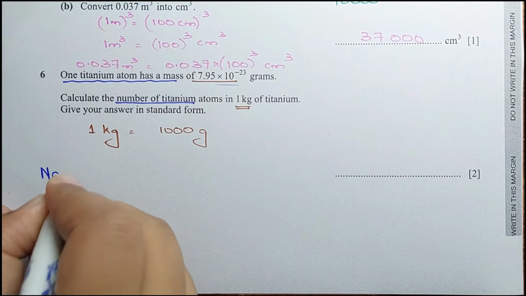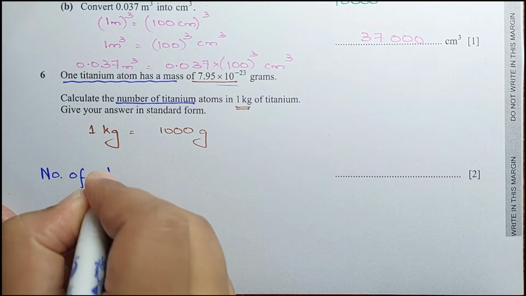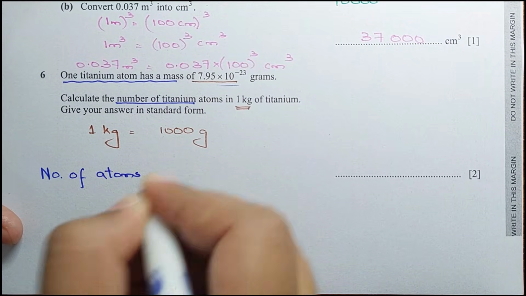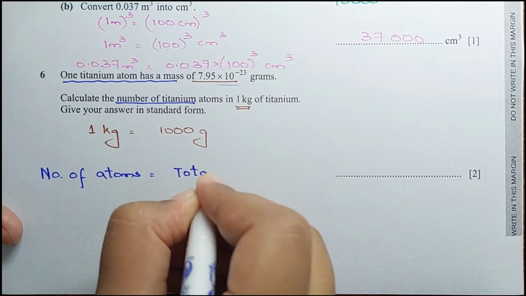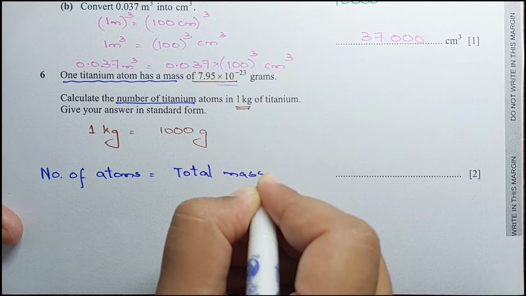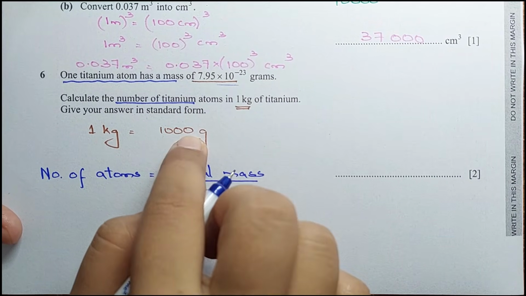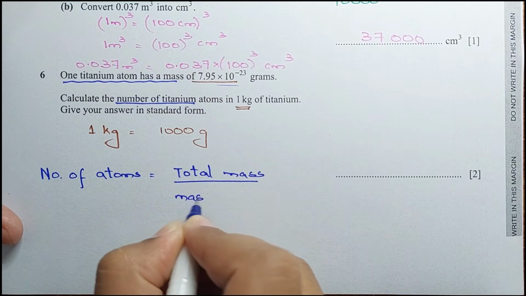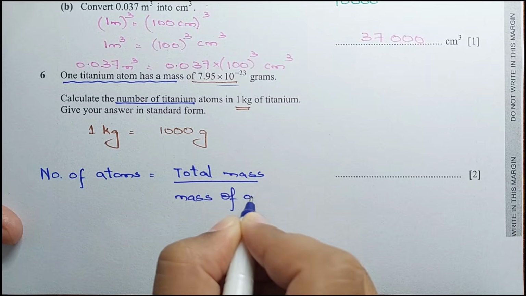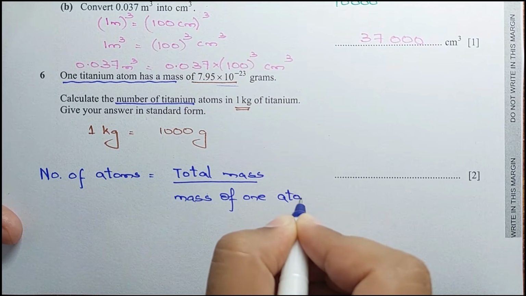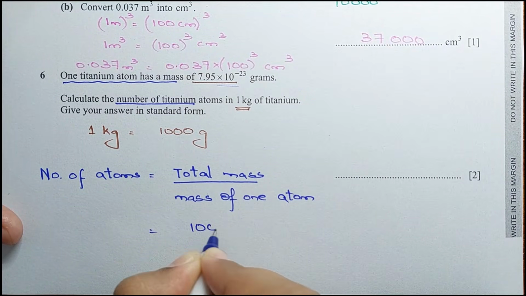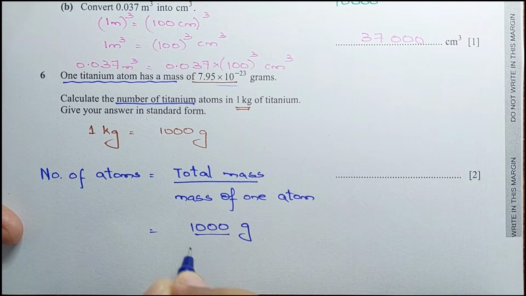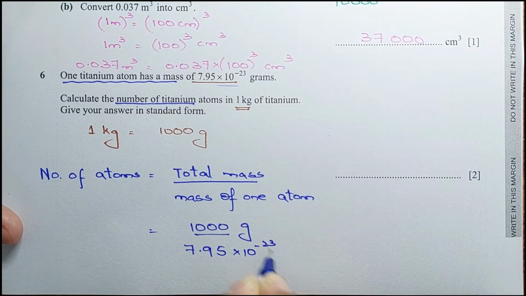So the number of atoms is basically the total mass, that is, the total mass is 1 kg, which is 1000 grams, divided by the mass of one atom. So the total mass is 1000 grams. This is going to divide with the mass of each atom, which is 7.95 multiplied 10 to the power minus 23 grams.